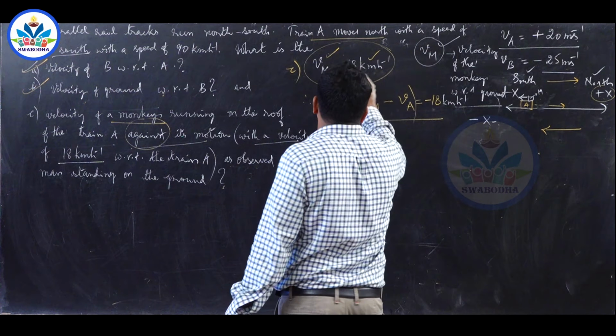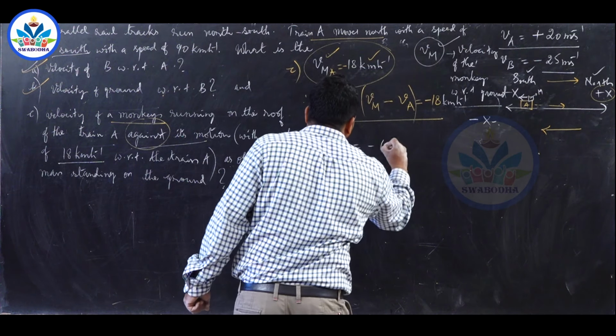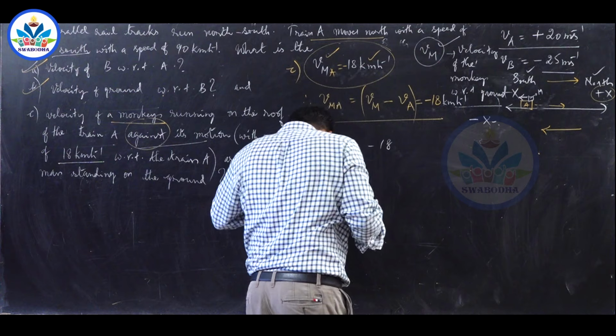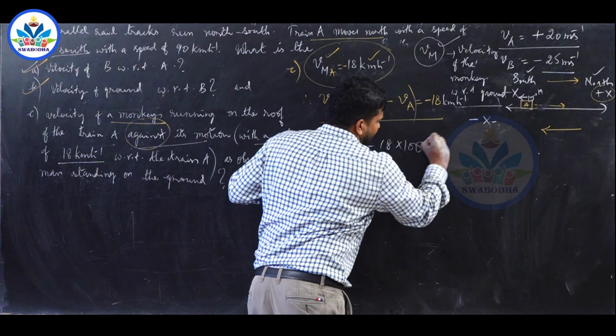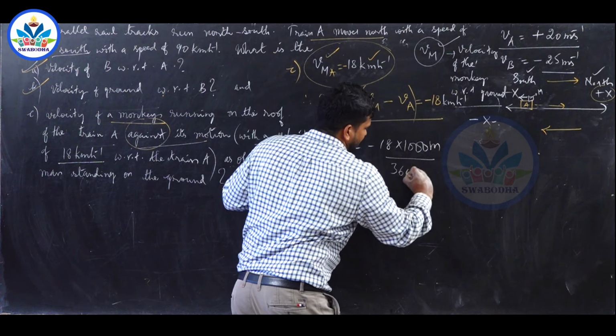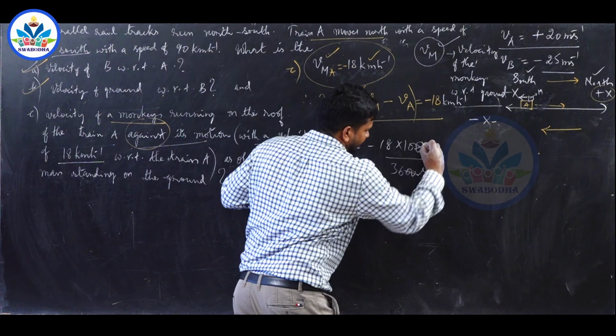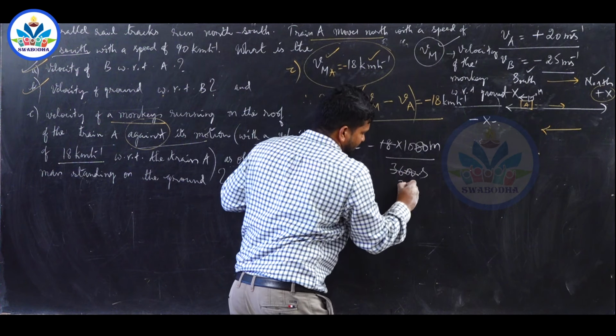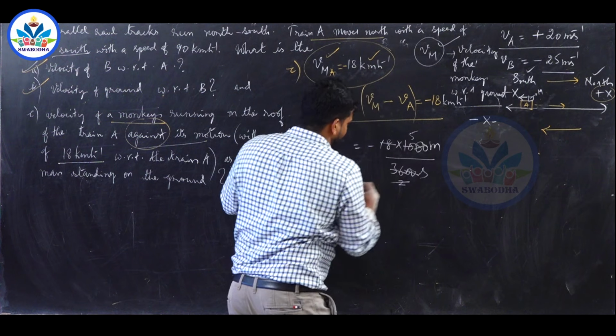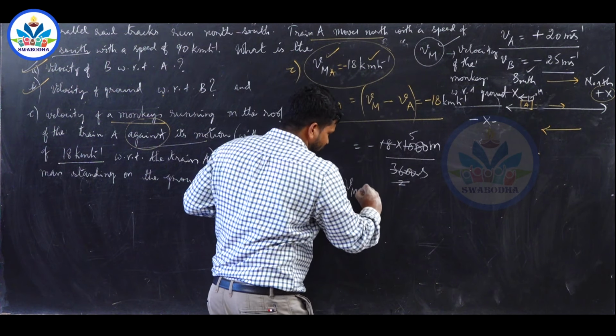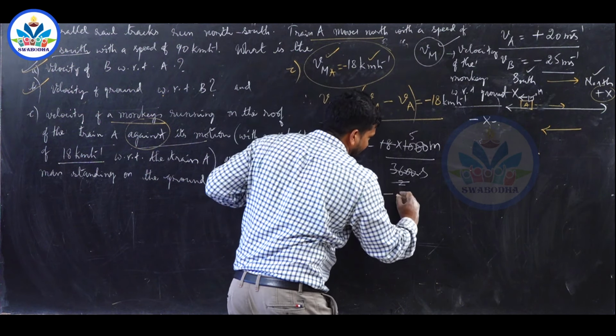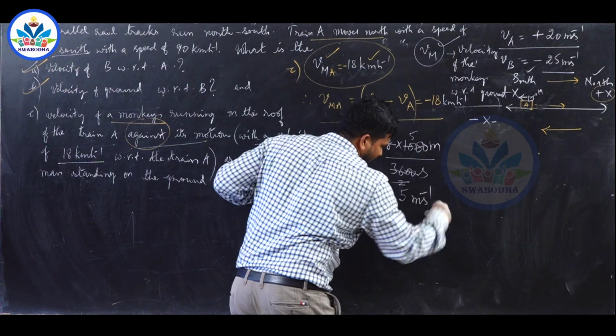So you must convert minus 18 km per hour, that is minus 18 into 1000 meter divided by 3600 seconds. Therefore, Vma equals minus 5 meter per second.